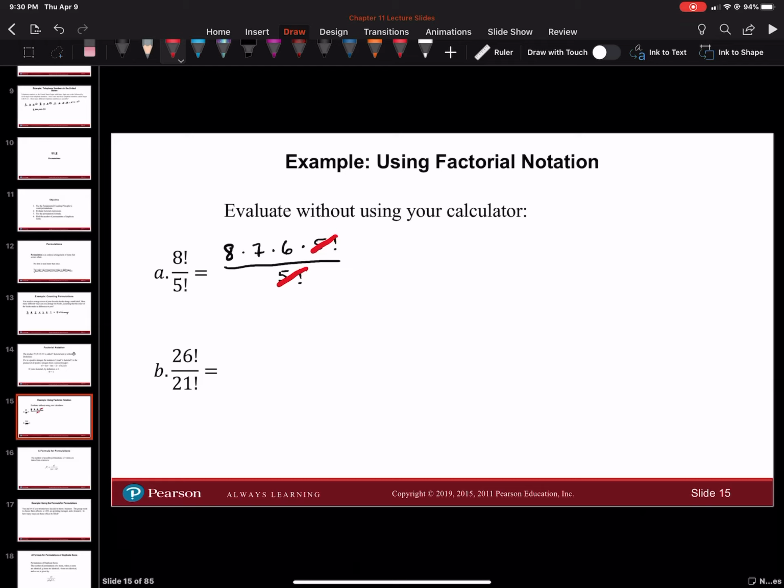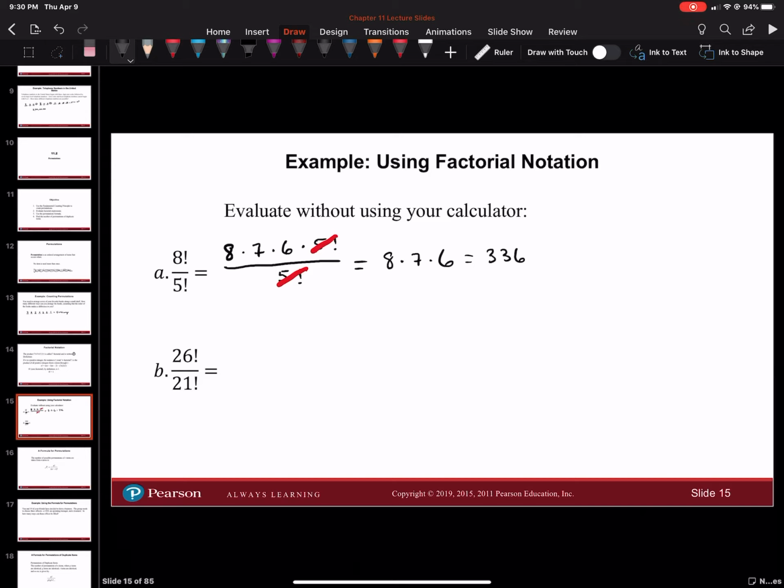So when I rewrite this, it's just 8 times 7 times 6. Keep this in mind when you're doing these problems. When we multiply this together, we get 336. So 8 factorial over 5 factorial is 336.